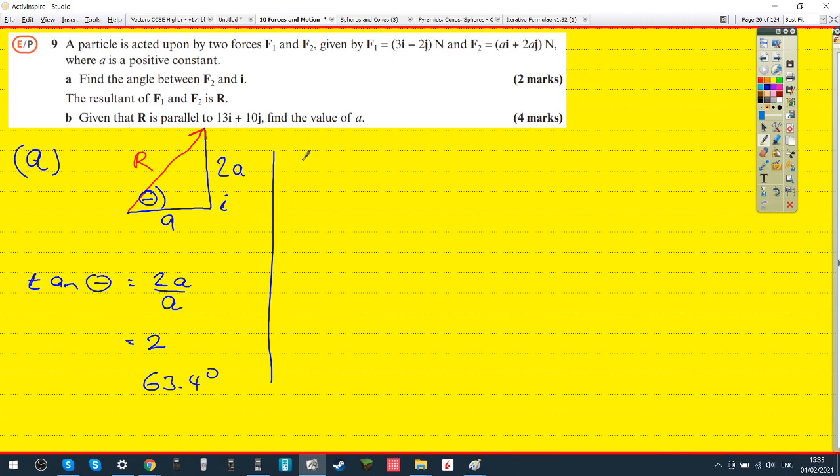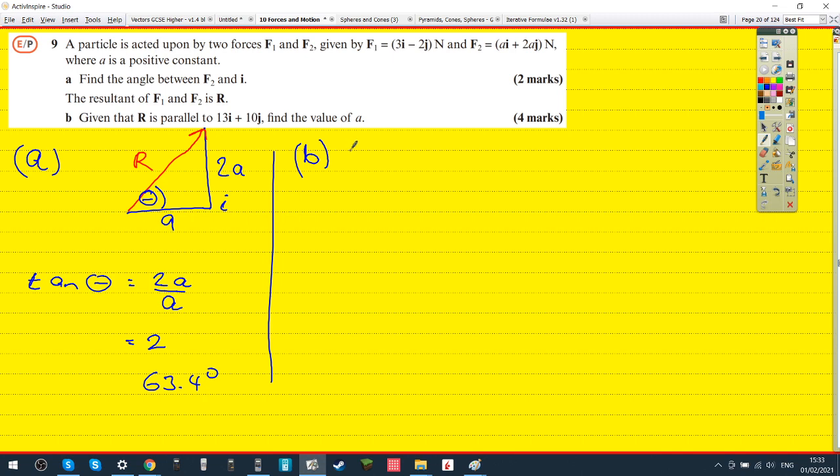That's great. The resultant of F1 and F2 is R. Okay, how do we do this? When something's parallel, like 13i plus 10j, would something parallel to that be 26i plus 20j?